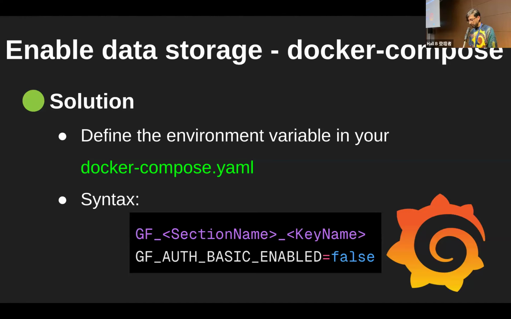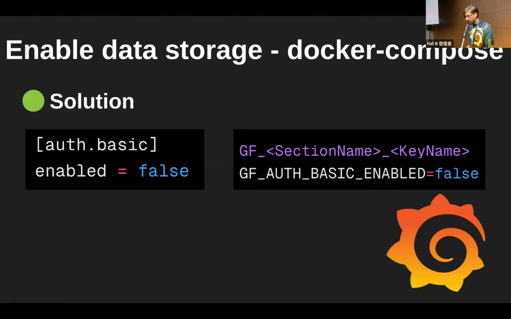The syntax looks something like this: for Docker Grafana, it is GF underscore, a section name, and then the key name or the value. Like we have a section auth.basic, and then it says enable is equal to false. This is from the default configuration file.